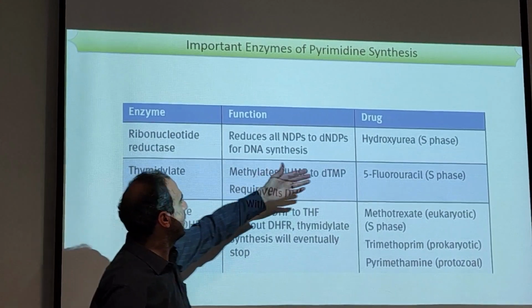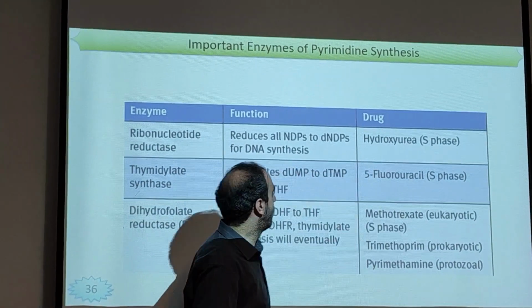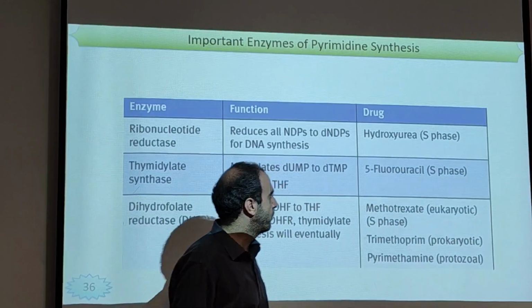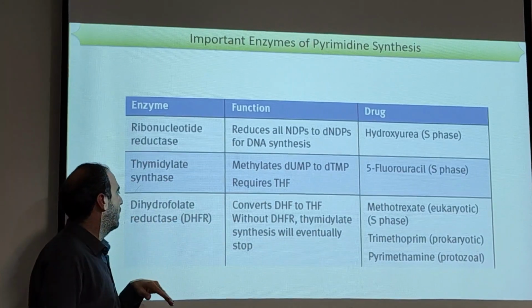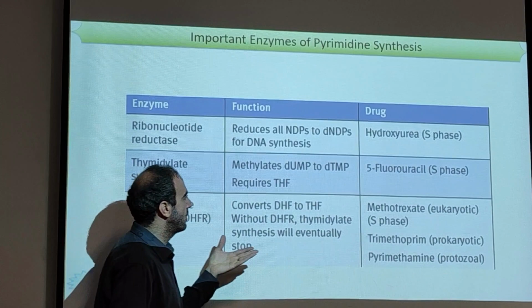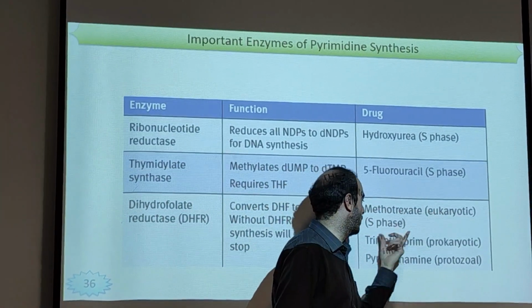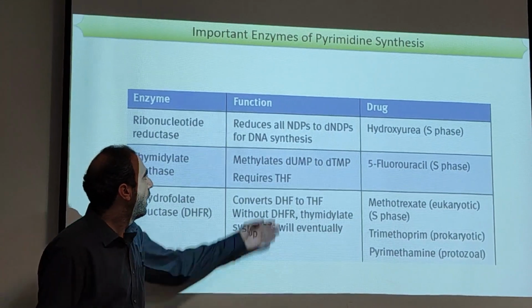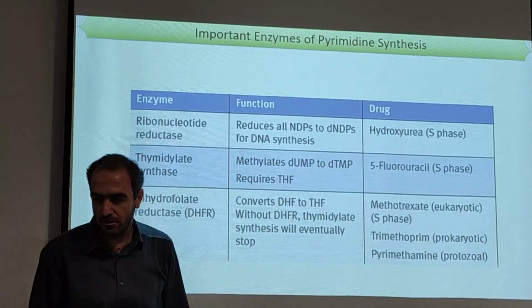Ribonucleotide reductase is inhibited by hydroxyurea, thymidylate synthetase is inhibited by 5-fluorouracil, and dihydrofolate reductase is inhibited by methotrexate in eukaryotic and trimethoprim in prokaryotic cells. And it's their function.